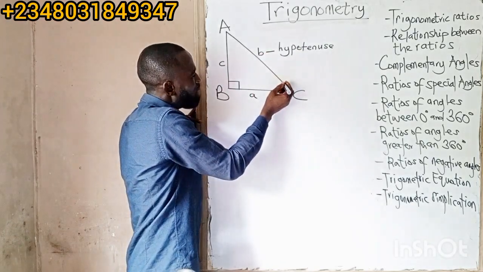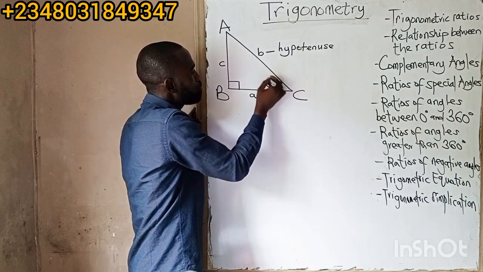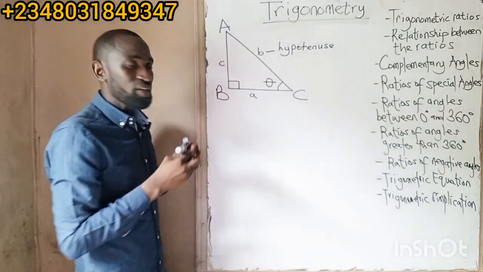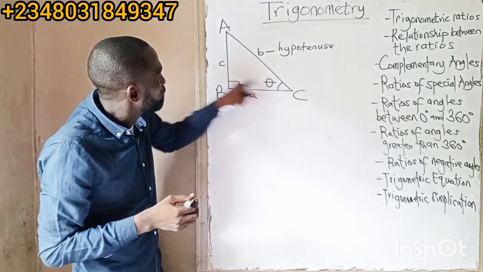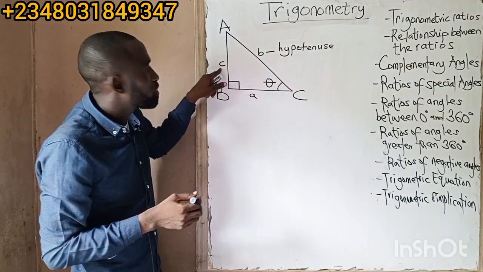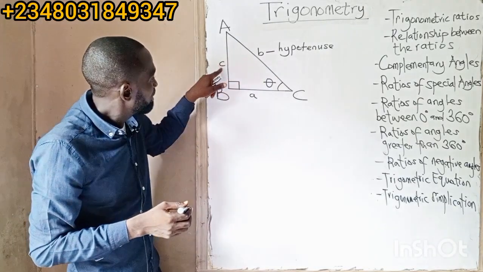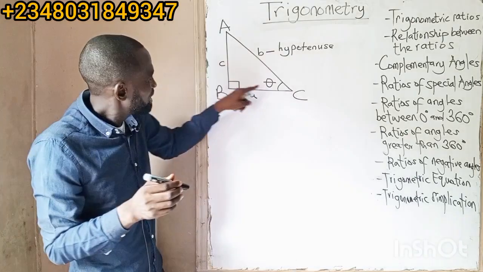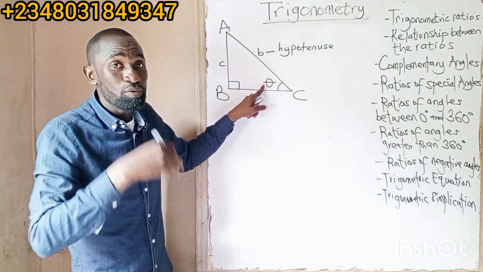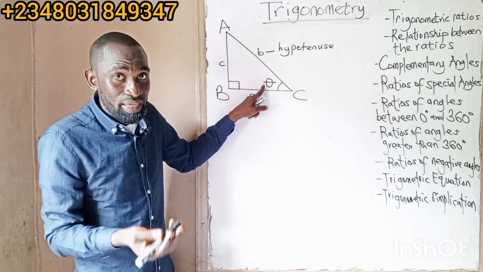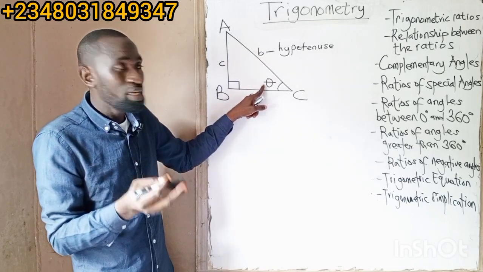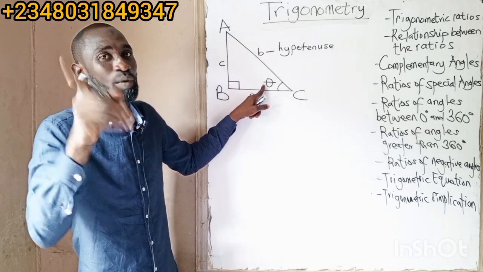Suppose I now have an angle here that I call the angle theta. The side that is facing this given angle is what we call the opposite. This side here, this small c, is facing this given angle. That angle can be angle 30, it can be angle 10, it can be any angle, in as much as it is not greater than 90.